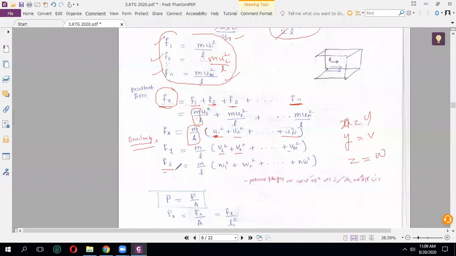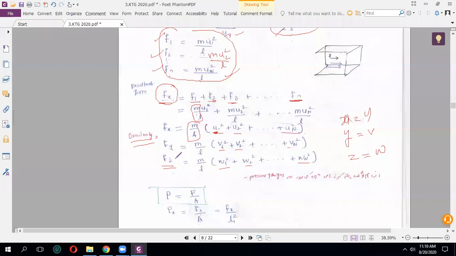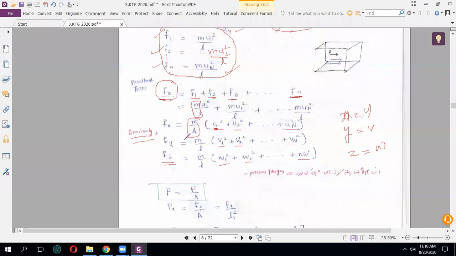Similarly, for the force in the z direction we use the same formula, just replace the symbol: w1 square plus w2 square plus up to wn square. This part is clear, students? We are getting the force in each direction.